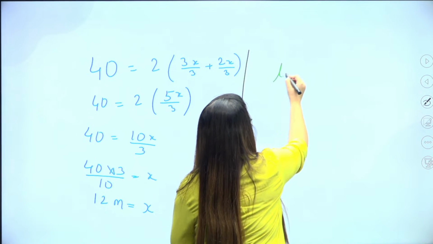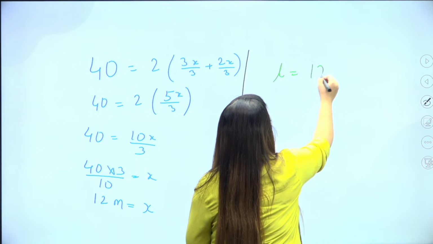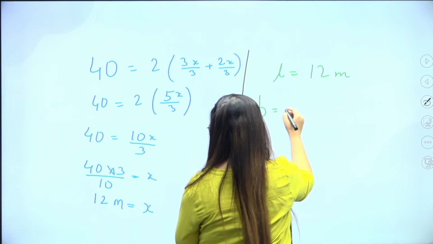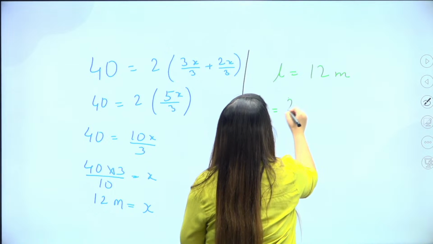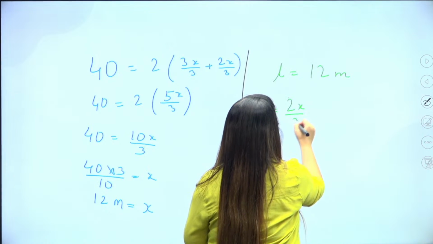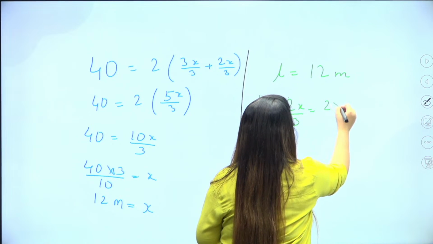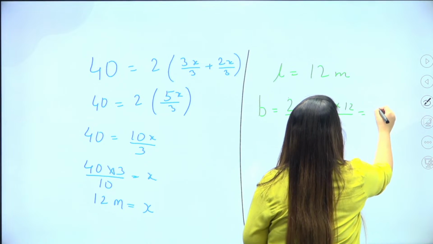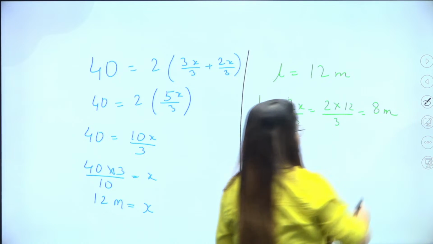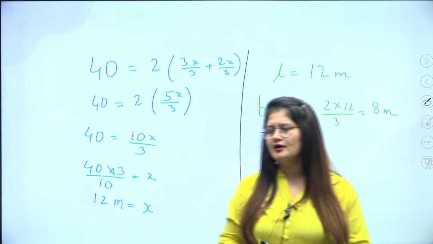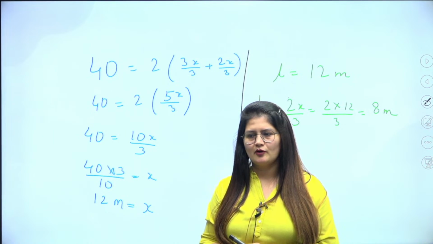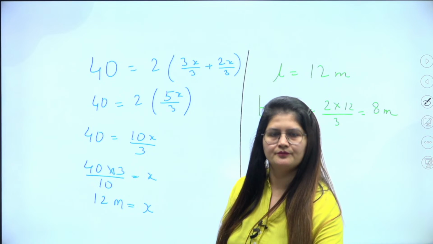Here the length is 12 meters, while the breadth, which is 2x/3, will come out to be 8 meters, right? So this is how we get the length and the breadth of the rectangle. Clear? I hope everybody is clear with the question.